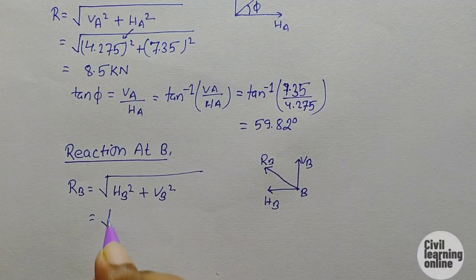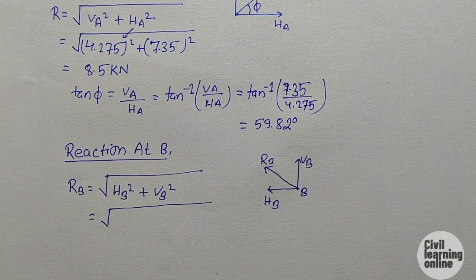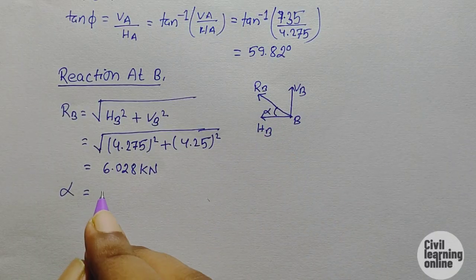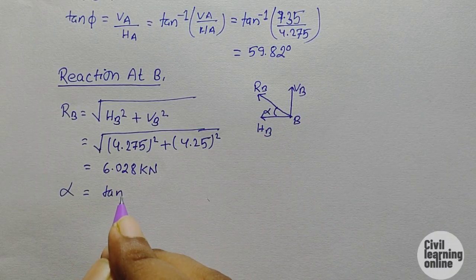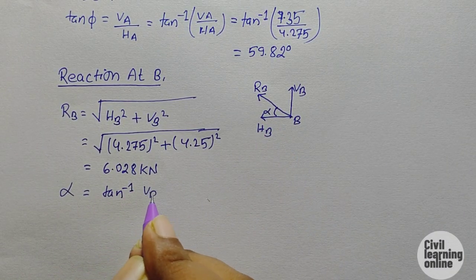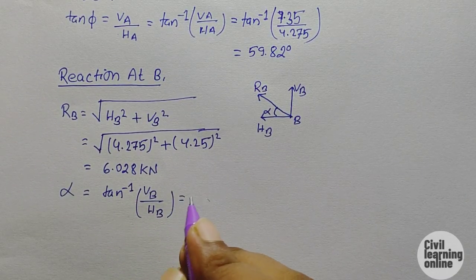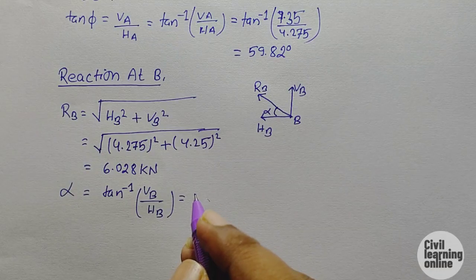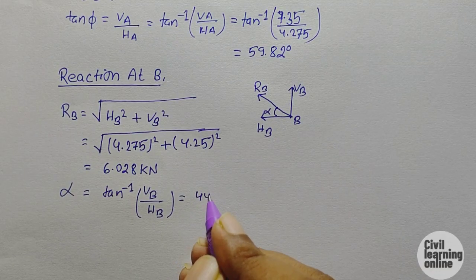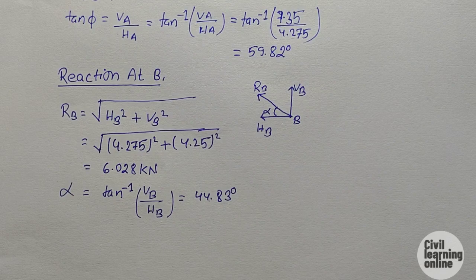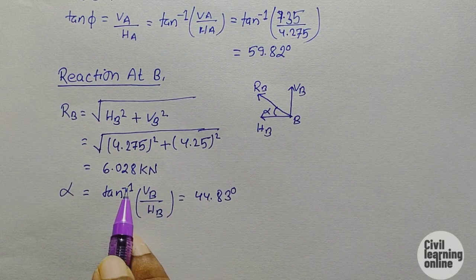Now put down the values of HB and VB, and I have denoted this angle as alpha. So alpha equals tan inverse VB by HB, and now putting the values, we will get alpha equals 44.83 degree.